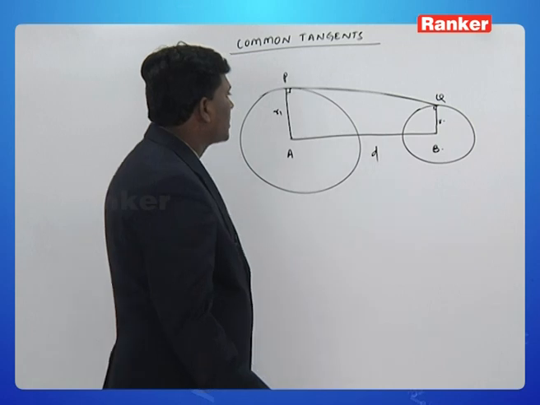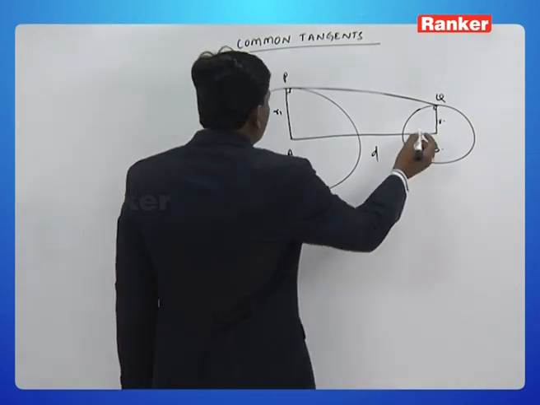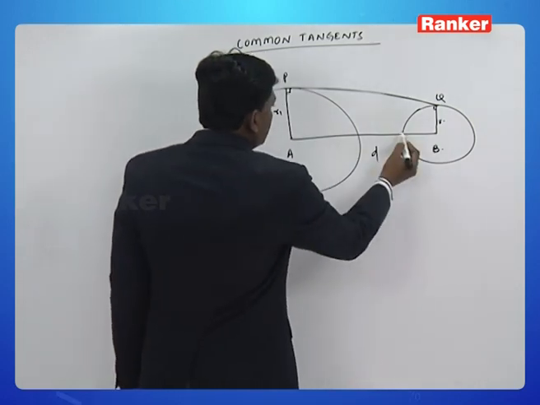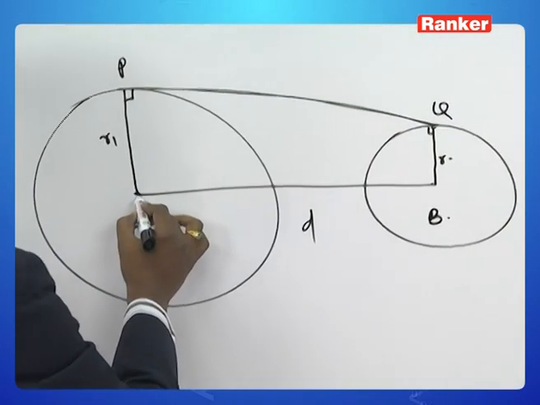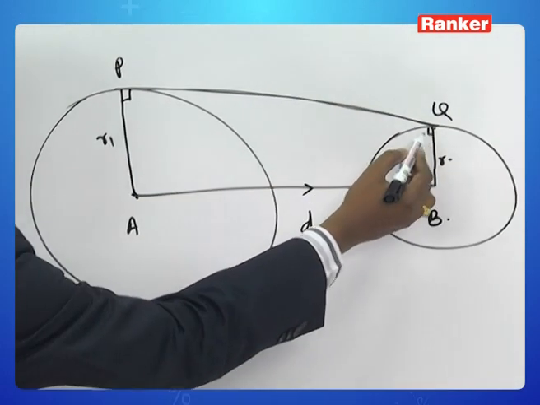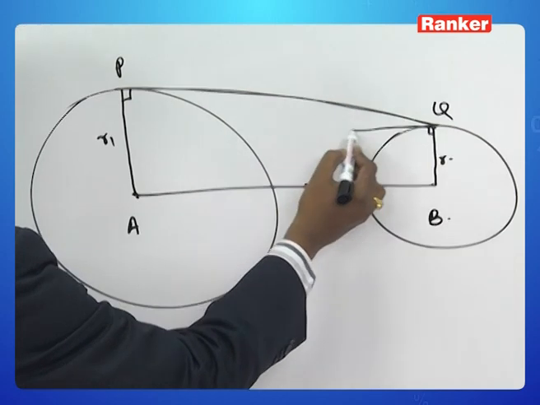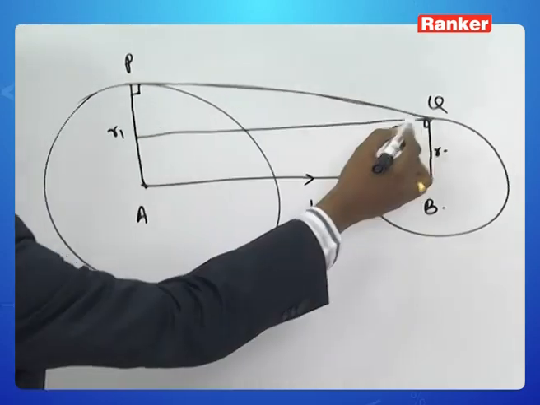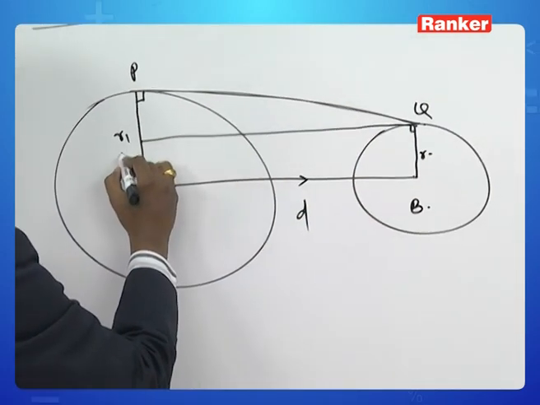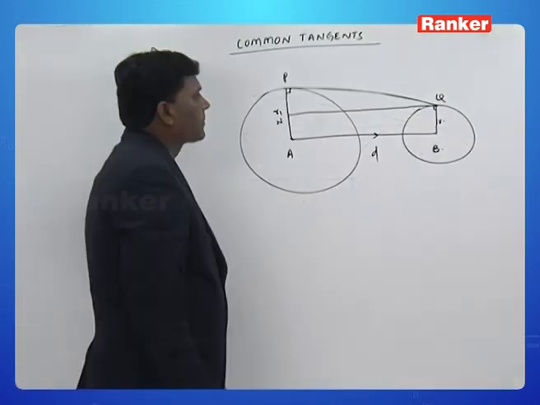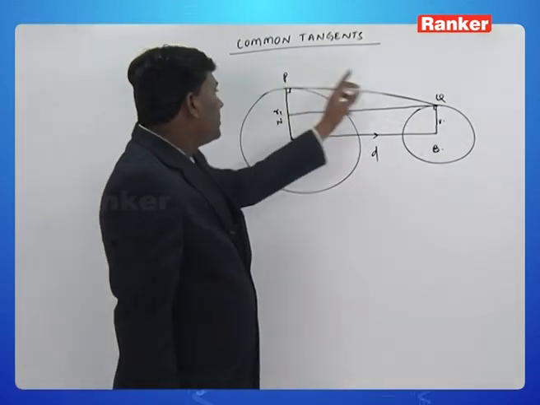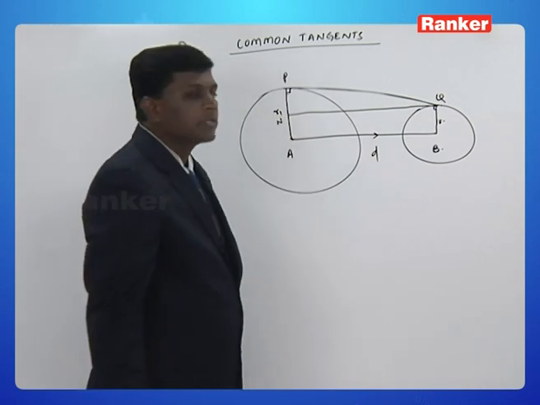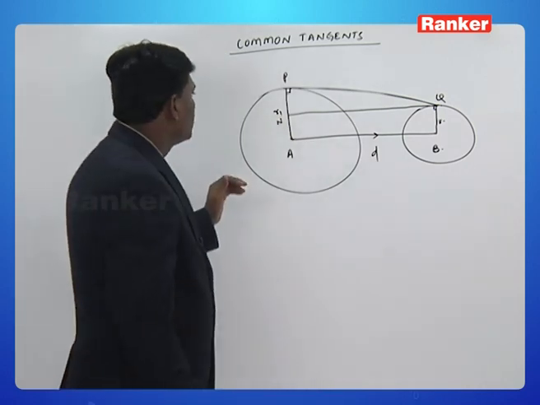We see that part here. If we draw a line from Q parallel to AB, which cuts AP at N, now clearly PQN is a right angle triangle here.